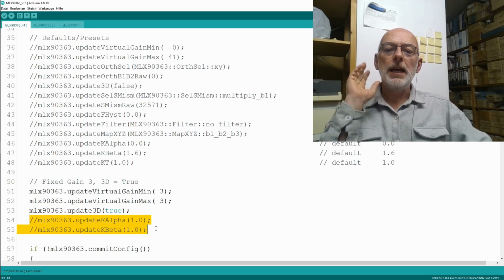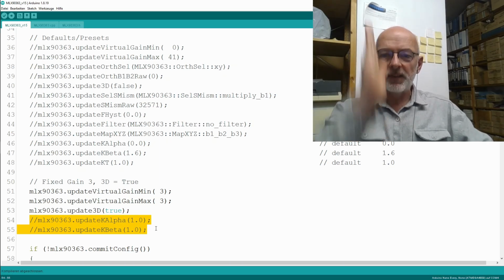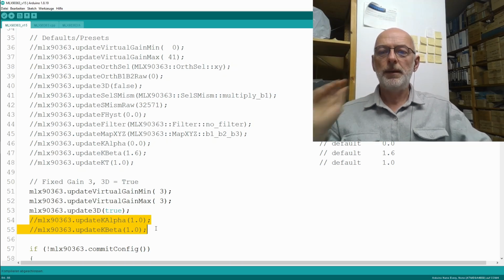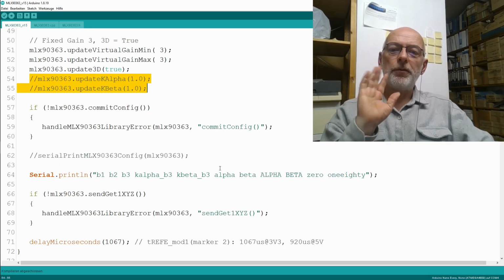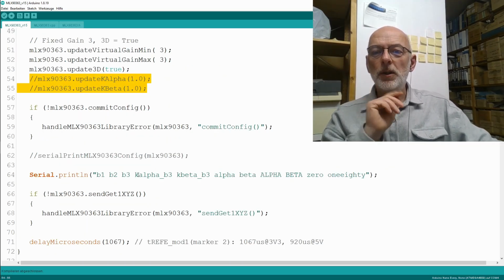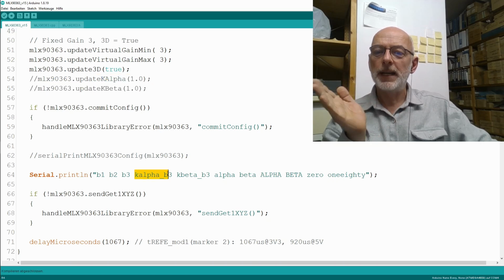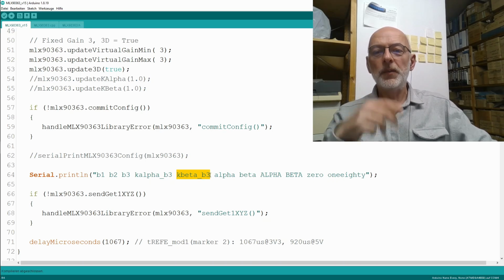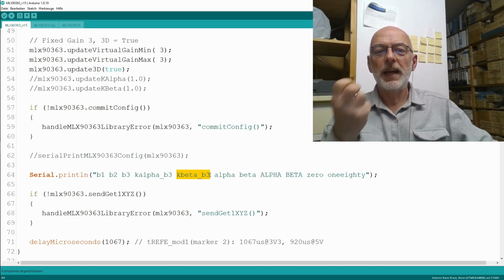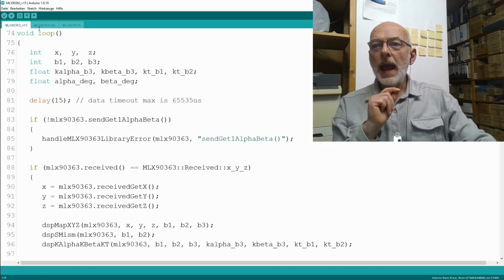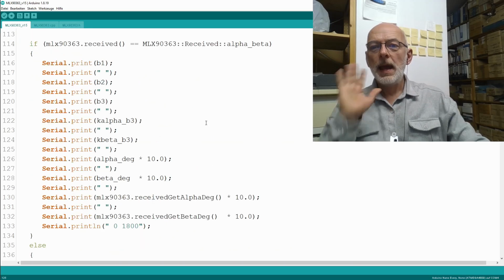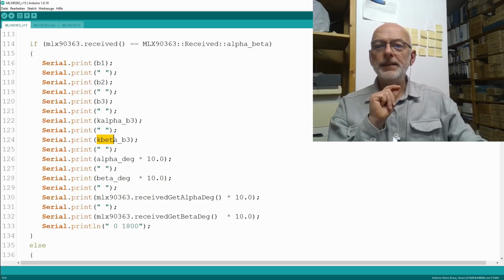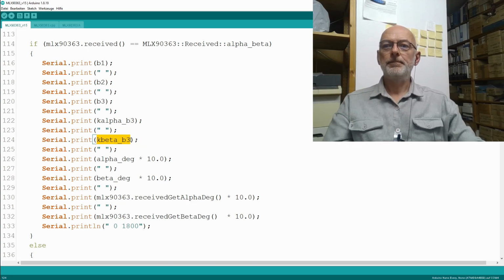So basically no scaling of the Z-axis for either the alpha or the beta formula. My headings for the serial plotter now also contain KALPHA times B3 and KBETA times B3, because we will now use that scaling. And in the loop, I also print out KALPHA times B3 and KBETA times B3.